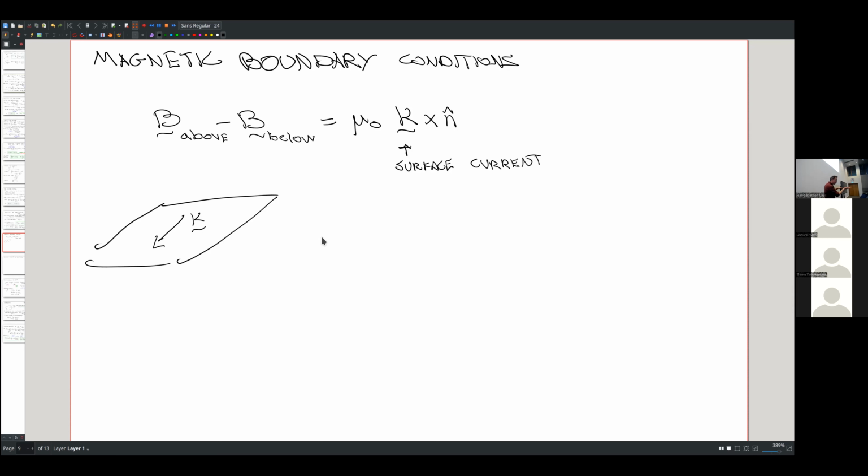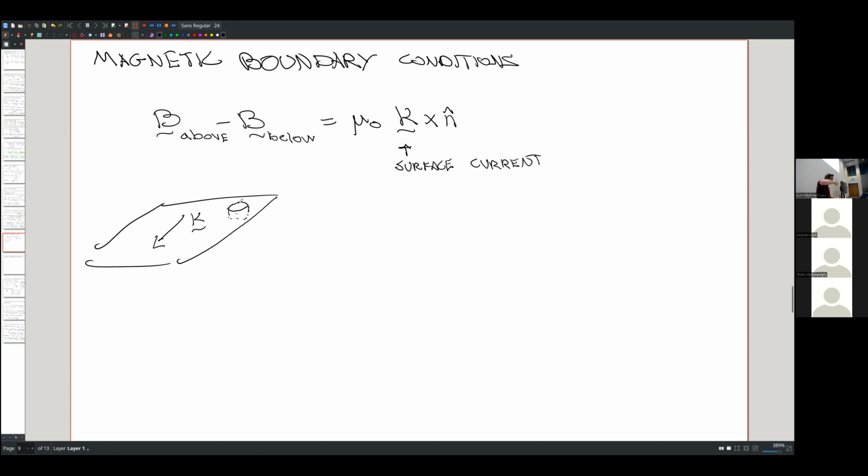And now you remember what we had with the electrostatic field: there was a surface charge density, and there was a discontinuity in the normal part of the electrostatic field. The same kind of logic occurs here, so you can do the same tricks. You can use a Gaussian pillbox on this, and you integrate the divergence of B inside this pillbox.